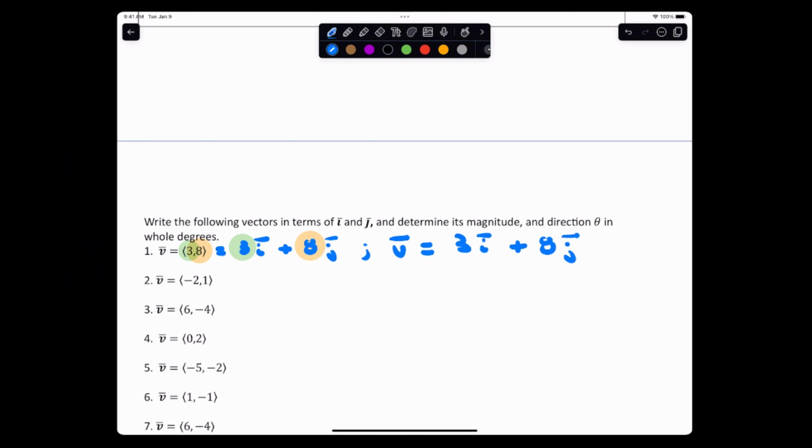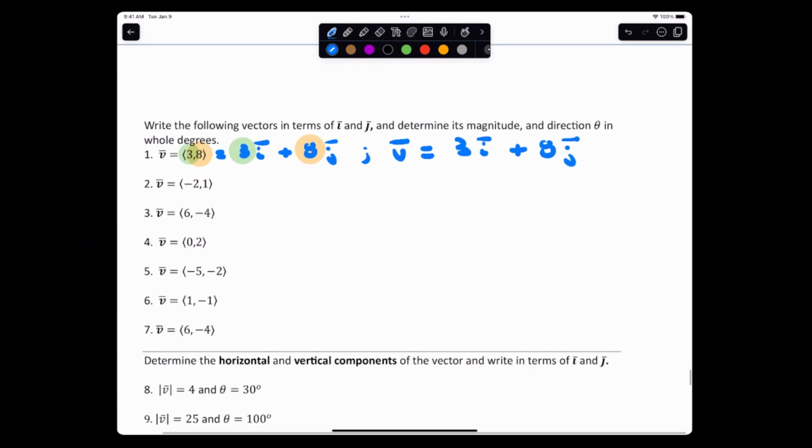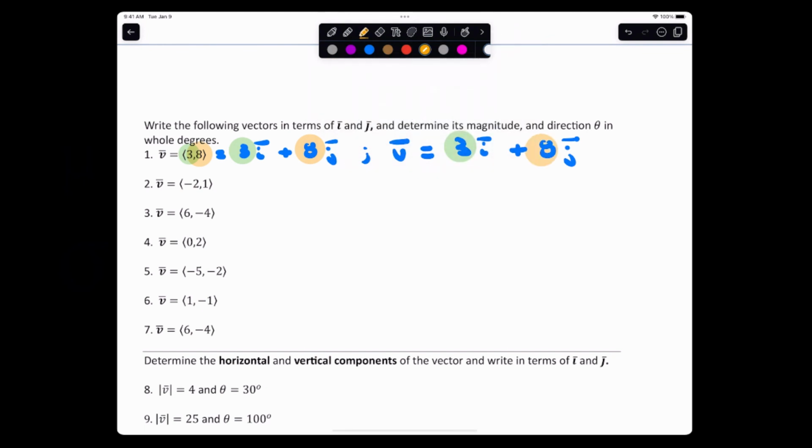Is that easy peasy, lemon squeezy? And of course, we went over the magnitude and direction last time, so you guys would actually do that. The work you did last time, right? The work we did yesterday. And there it is. You just write this in terms of i and j. This is a lot easier to work with.